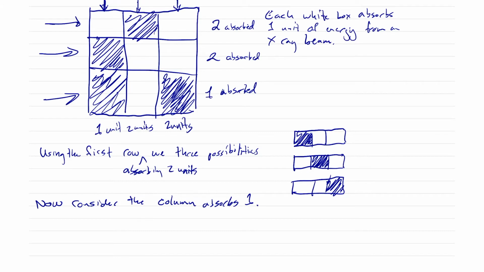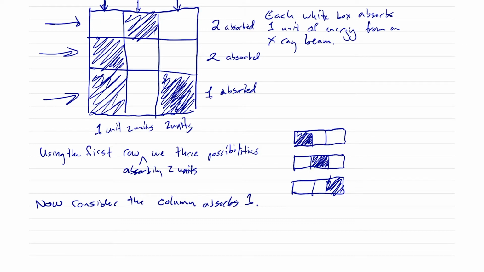The total number of possibilities just for these 2 rows would be, say, 32. Just using this one, we went from 8 different possibilities for the first row to 3, using the 2 absorb. So we're using this information to reduce the number of configurations we need to consider. Between these 5, that would be 32 possibilities, or 2 to the 5th.